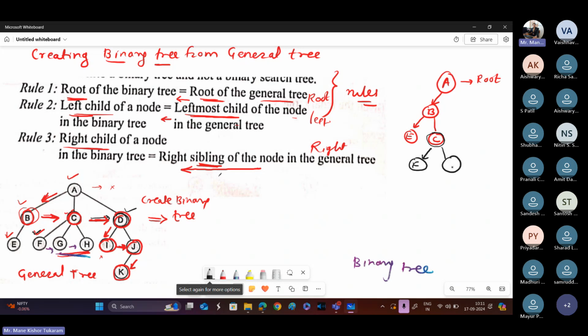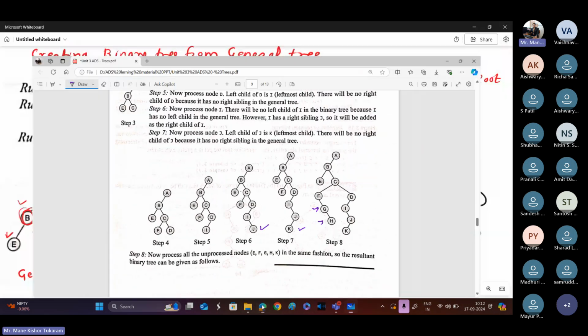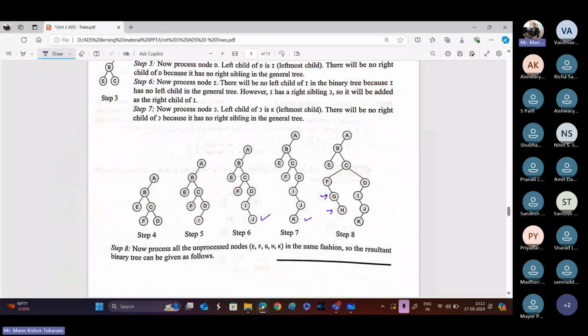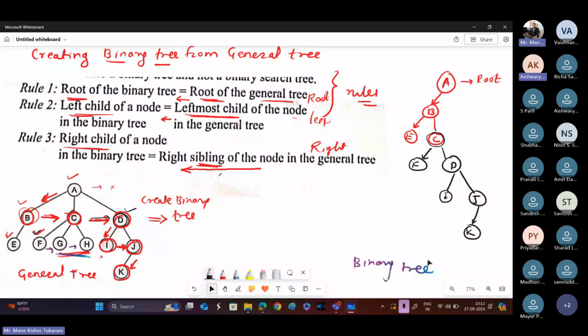After C, there is F and D. After D, there is an I and J. After J, there is a K. So D, I, J will come at the left of I. Yes, right.